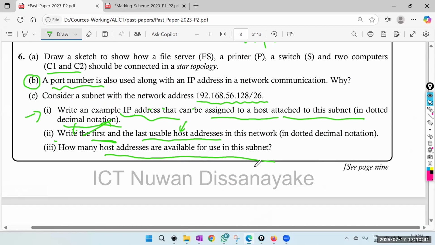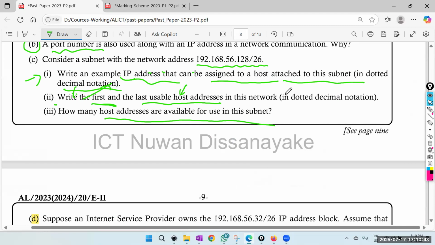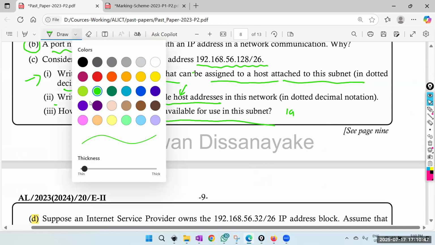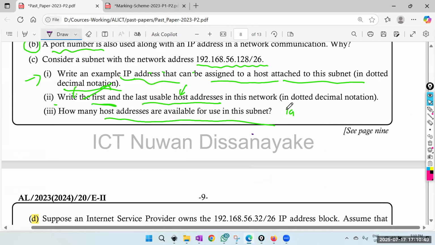So this is 192.168.56, and this is /26. 26 is 8, 8, 8, then 2. 24, 26. That means the division is in the fourth octet because 26 is bigger than 24.